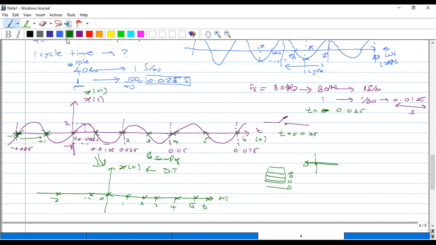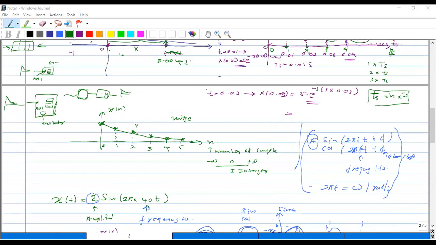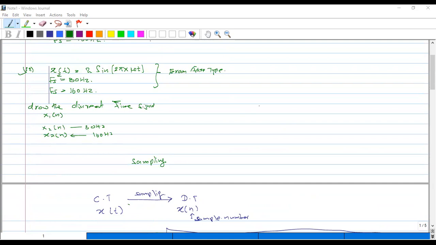Give me a second. So try to understand this one, and now I think we will stop. As homework, you can do this.